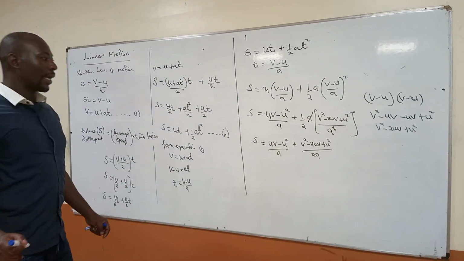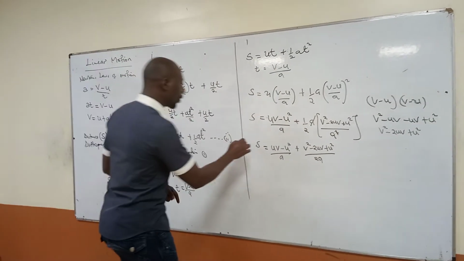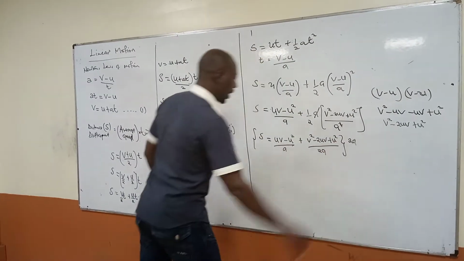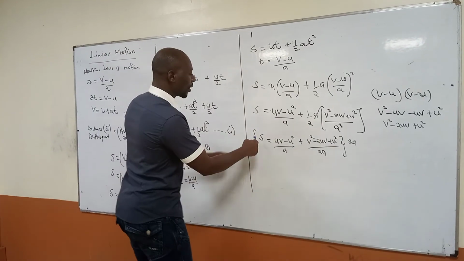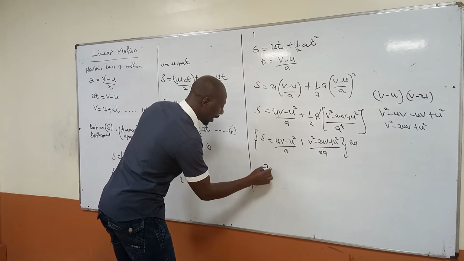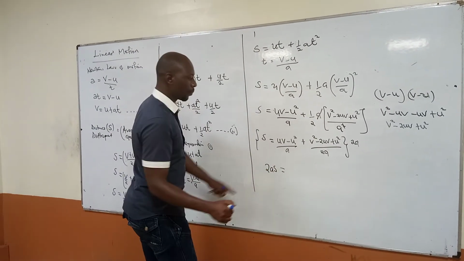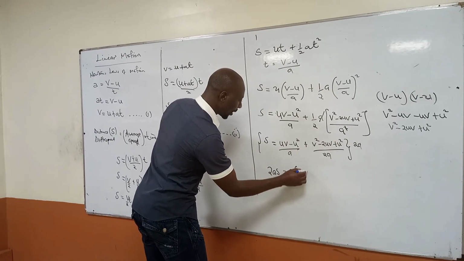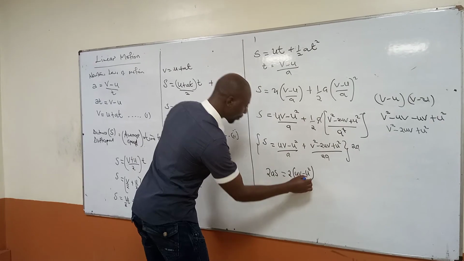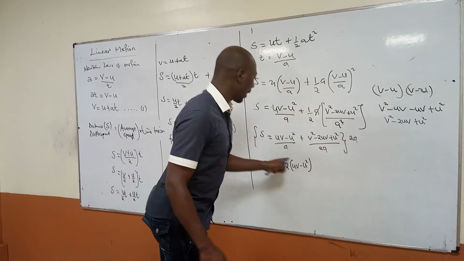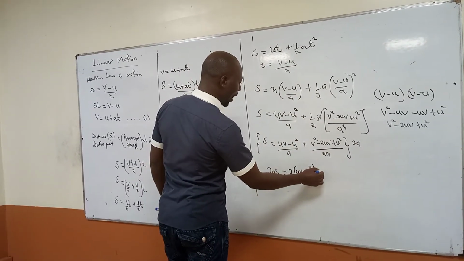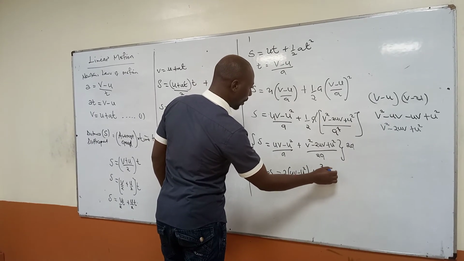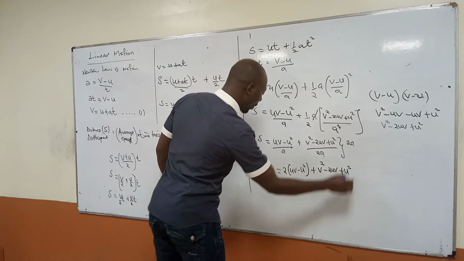So you can eliminate the denominator by multiplying both sides. You multiply both sides by 2a. If you multiply both sides by 2a, this side will be 2as is equal to, this side will be 2 into uv minus u squared, because a and a cancels. Then this side will be plus v squared minus 2uv plus u squared.